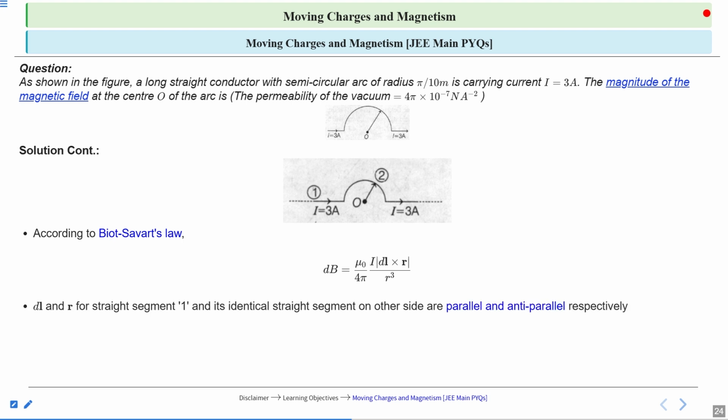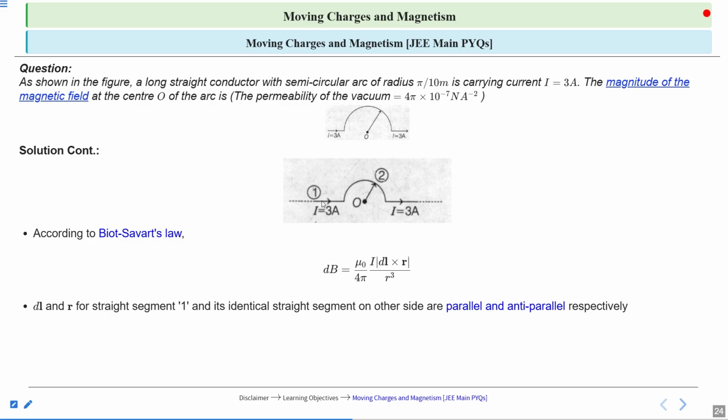For these straight conductors, one here and a similar one on the other side, if we find the magnetic field at this point O, take a small dl vector on this conductor.